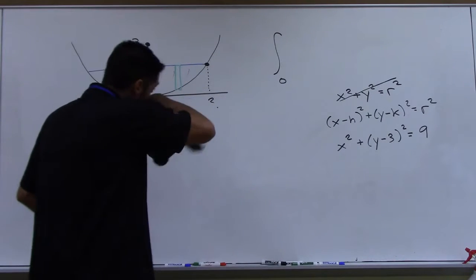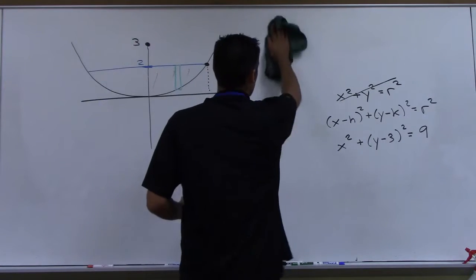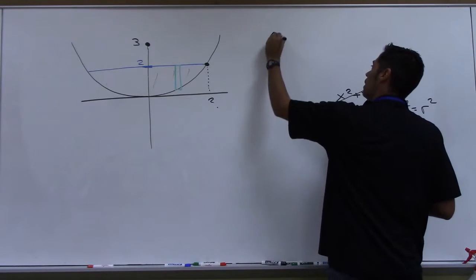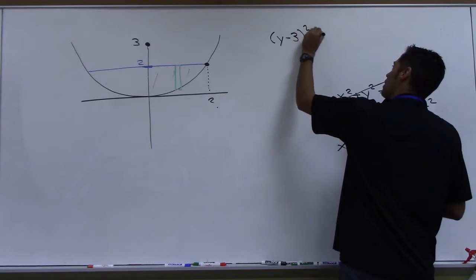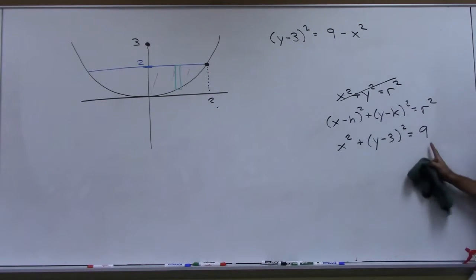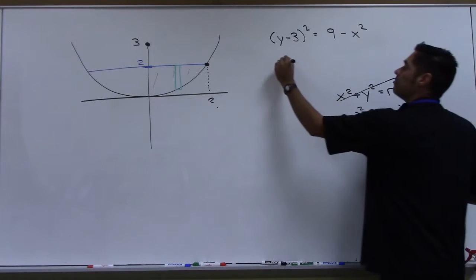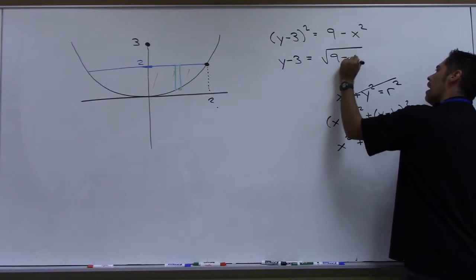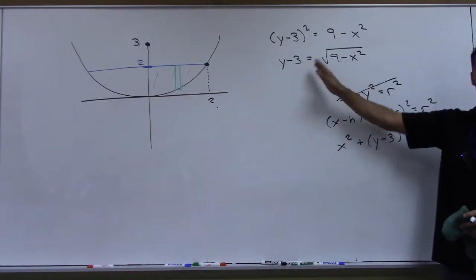Running out of room here. So if I'm trying to get this as a function of x and solve for y, how about we move the x squared to the other side? Right? And then what? Square root on both sides? Now I'm supposed to do plus or minus, aren't I?